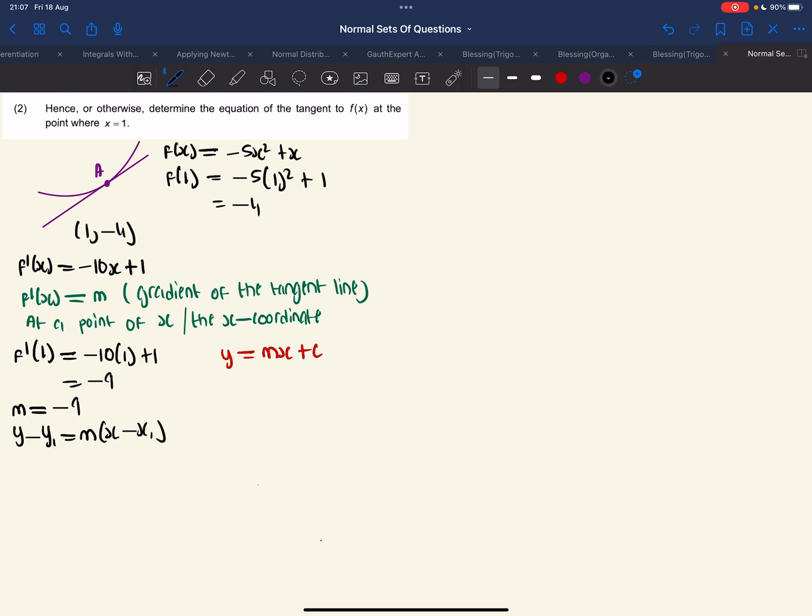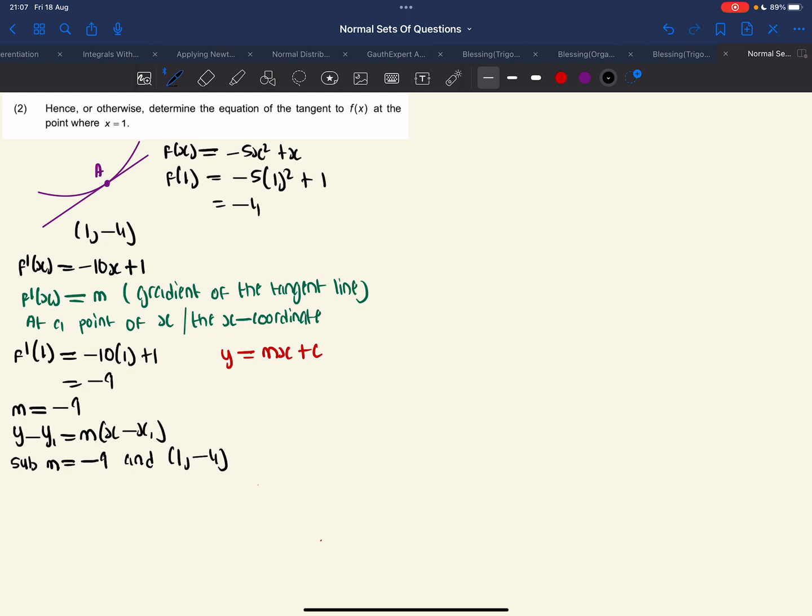So with this method, we're going to substitute m equals minus 9 and the coordinate (1, -4), because remember that coordinate is common with the parabola, as I explained before starting with the question.